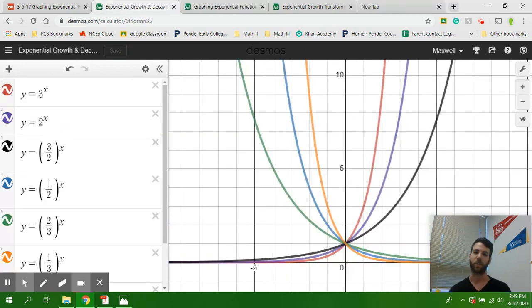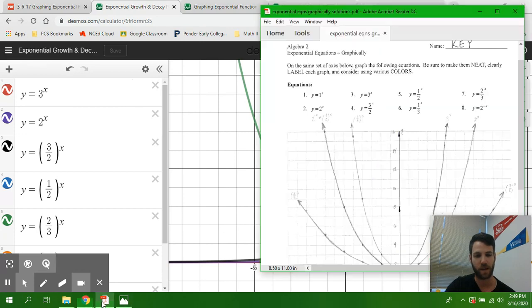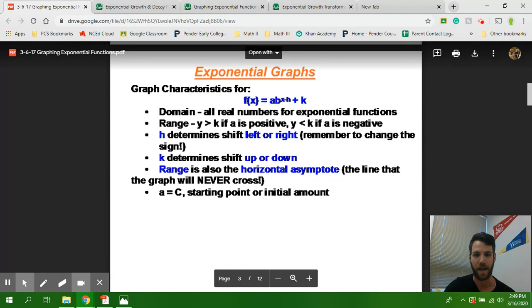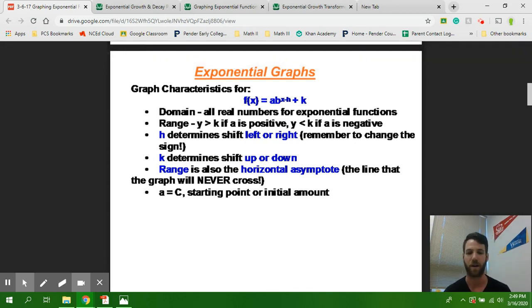The final thing we're going to be covering in this presentation is how our transformations will be working in more detail and what other vocabulary you might need to be on the lookout for. And we want to transfer back to our notes here for a quick second and take a look at these exponential graph notes right here. So we can see that we have domain and range, which we should all remember from prior units.